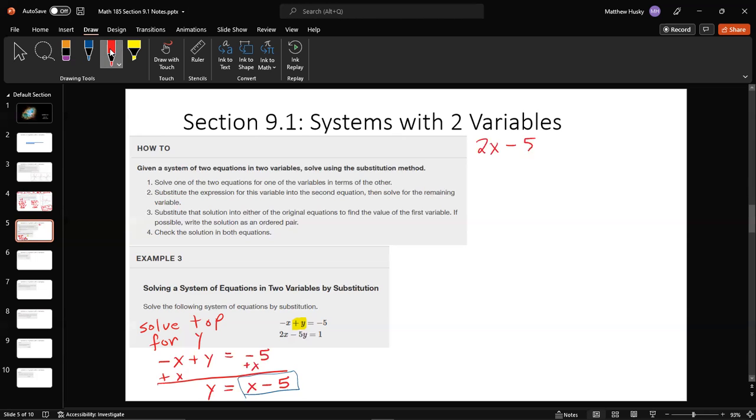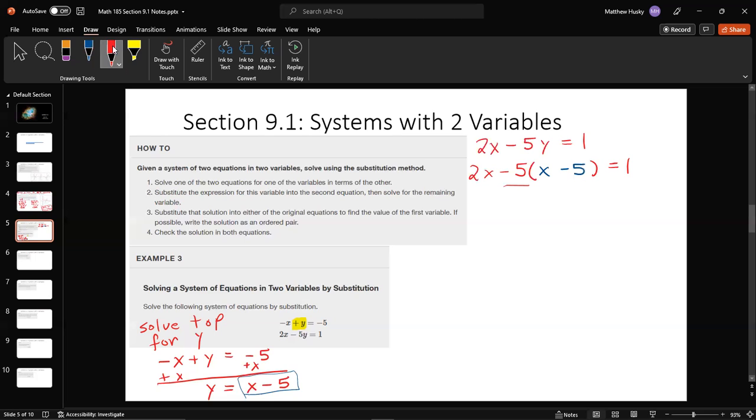So I've got 2x minus 5y equals 1. That is the bottom equation. I'm going to replace y. I'm going to use some parentheses here. And instead of y, I'm going to write x minus 5.